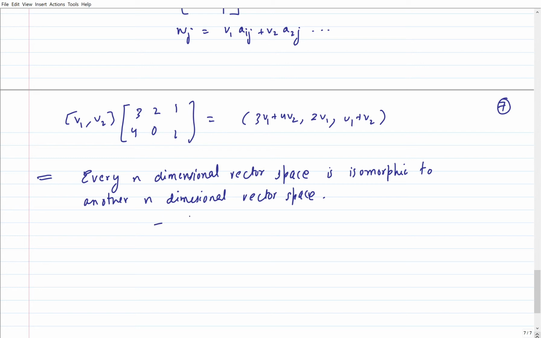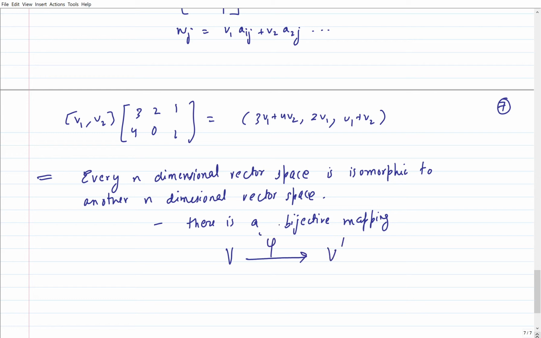So that means that there is a bijective, which is a one-to-one and onto, mapping between the two vector spaces.